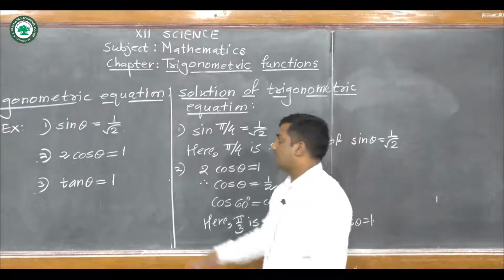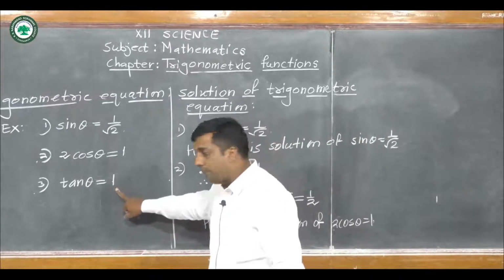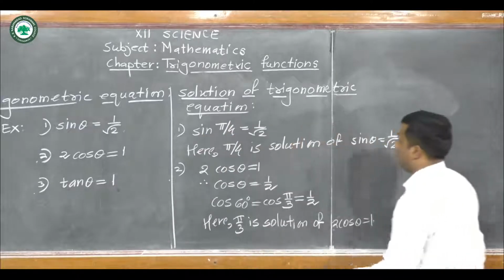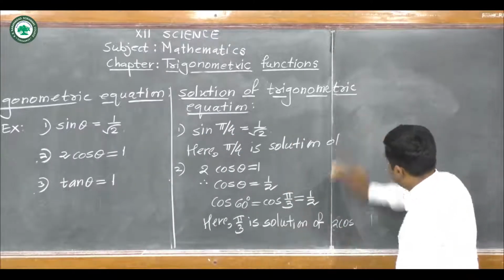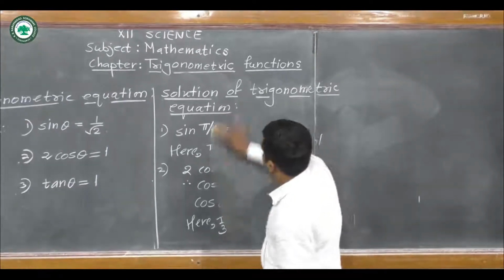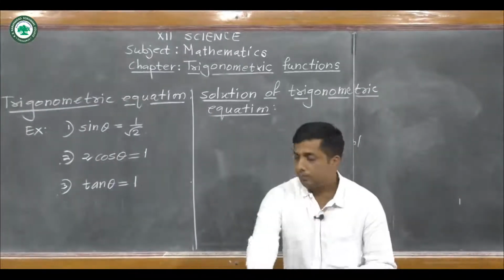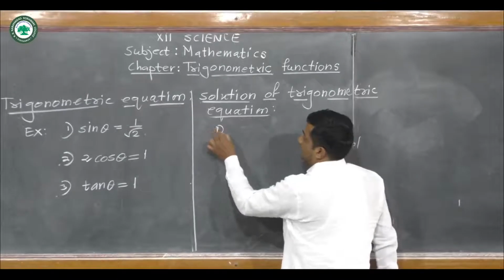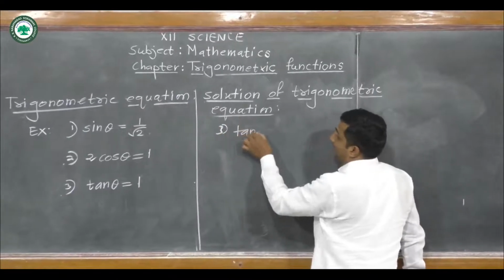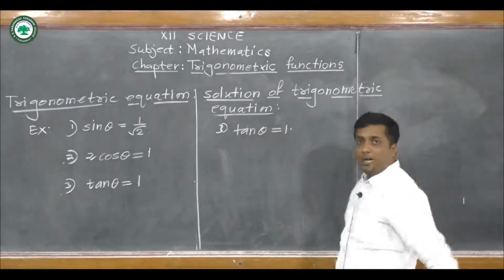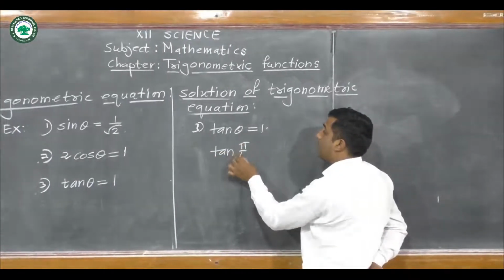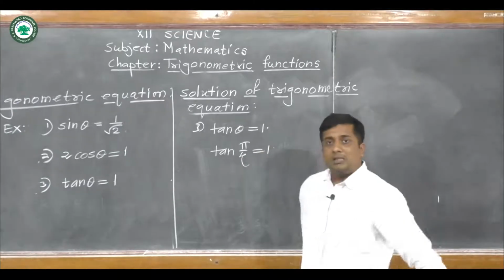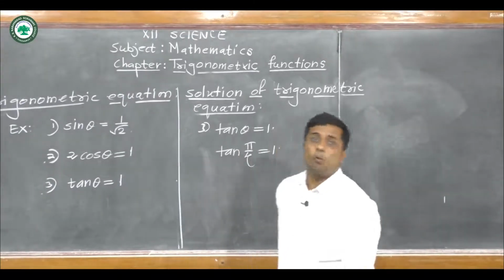Let's go with our third example. Given tan theta is equal to 1. Everyone knows tan of pi by 4 is equal to 1, that is tan 45 degrees is 1.